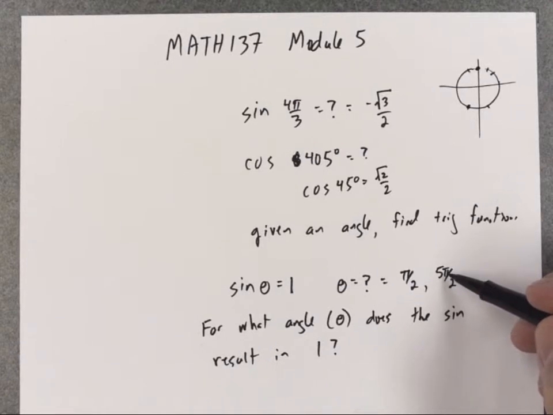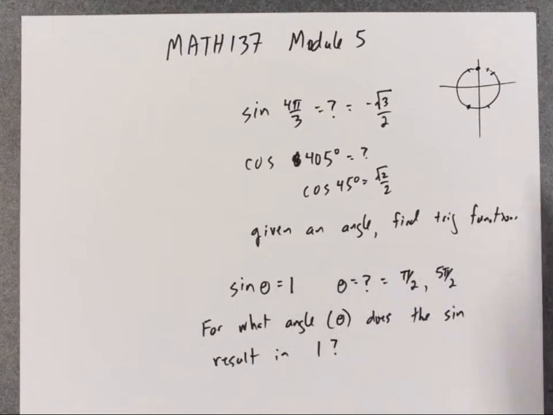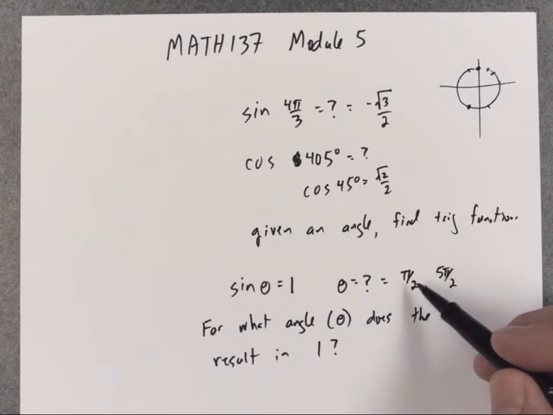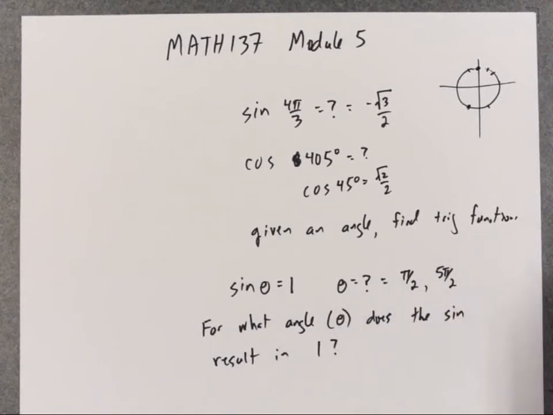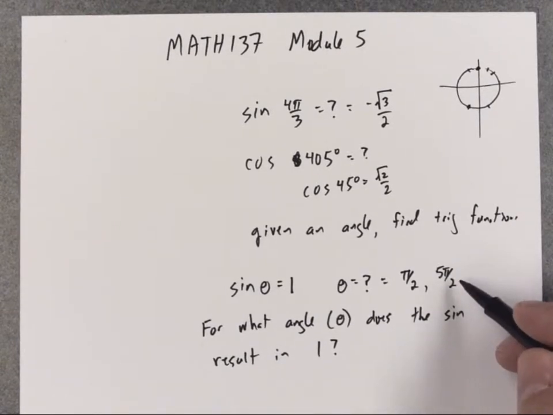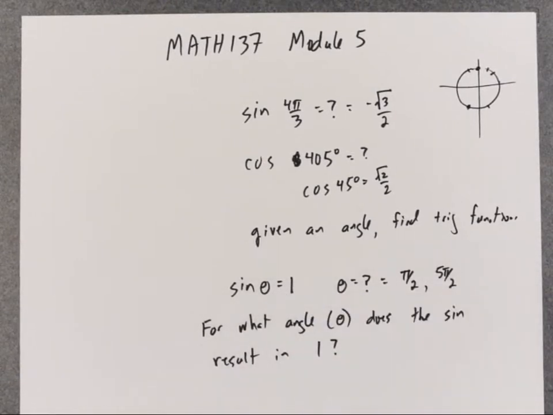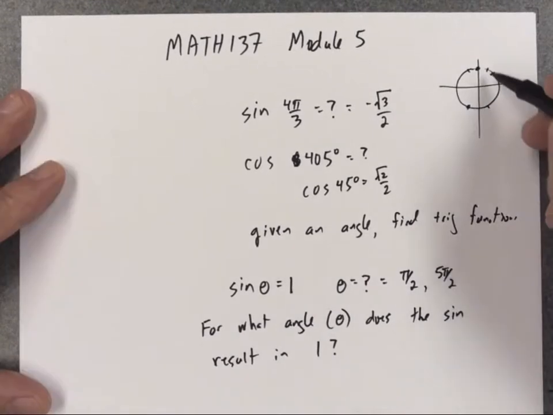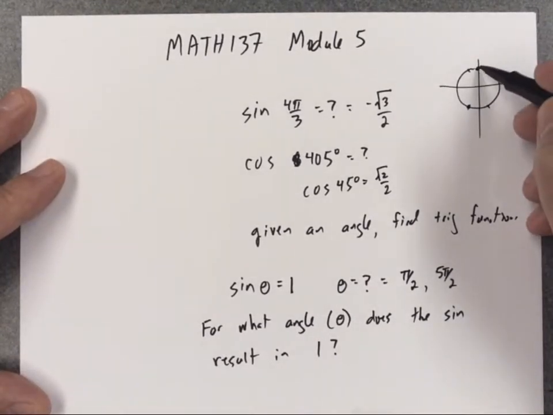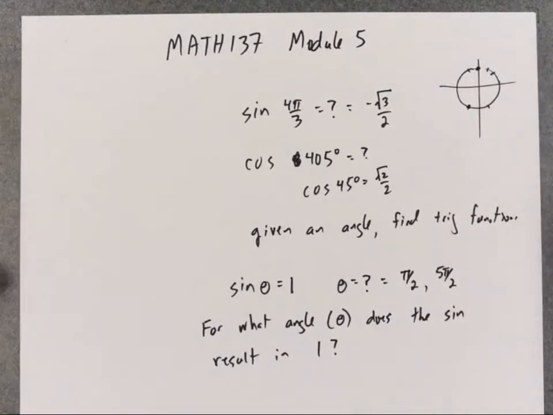So is that correct? Is the sine of 5 pi over 2 equal to 1? Yeah, it is. So I've actually got 2 angles for a solution. As a matter of fact, theoretically, how many angles would solve this equation? Theoretically, an infinite number, right? You could just keep going around and around the unit circle. As long as you stop here, the sine of that angle is going to be 1.